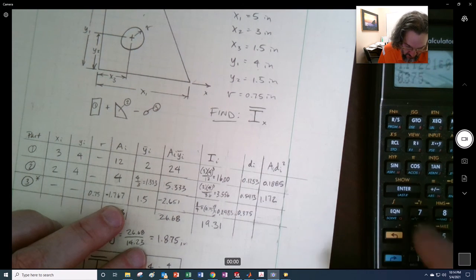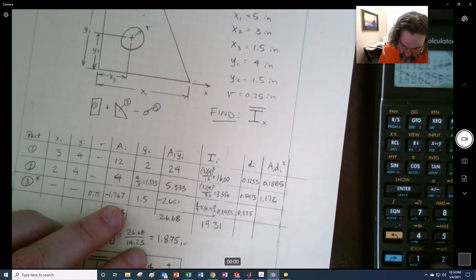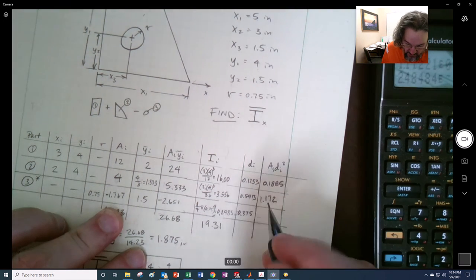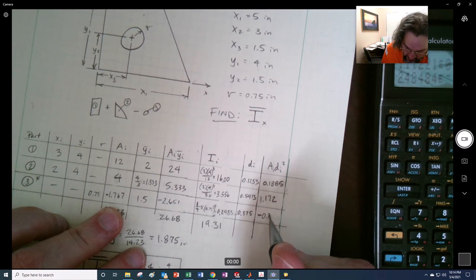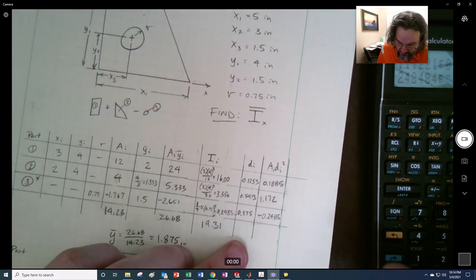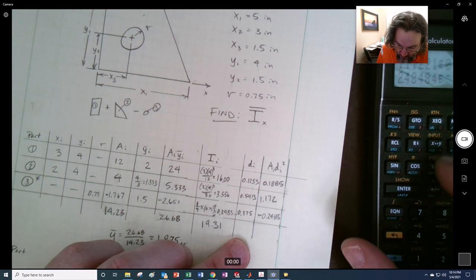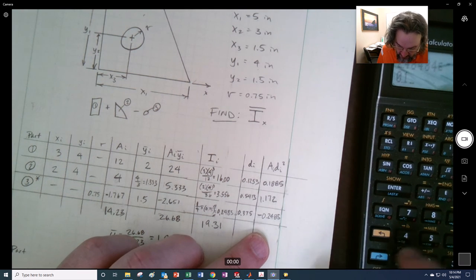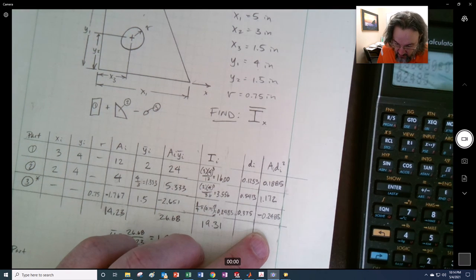0.375 squared, 1.767 times. We have a negative 0.2485. And I already subtracted that out. But let me double check all these. 1.885, 1.172, 0.2485.